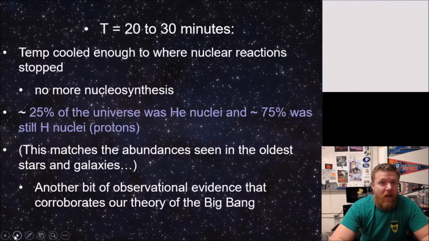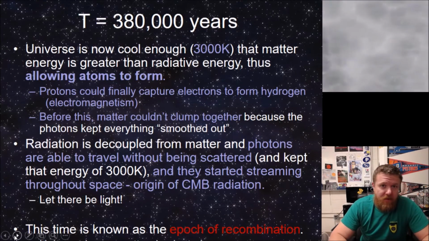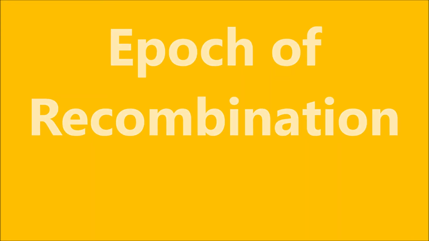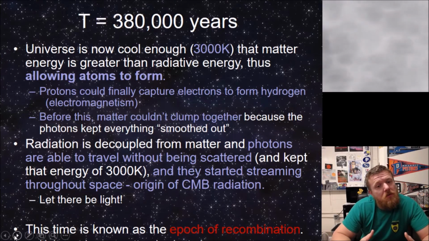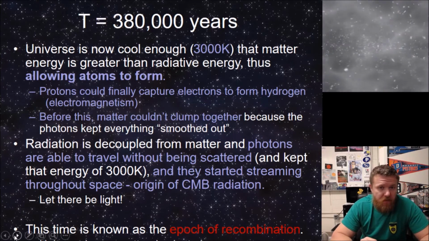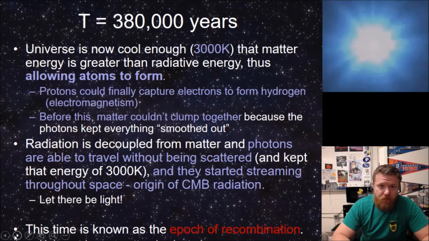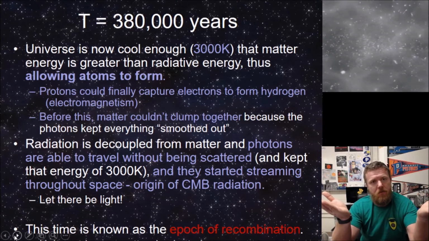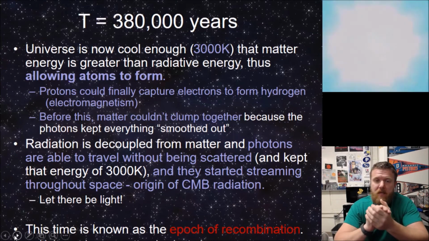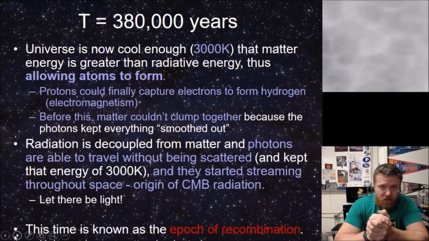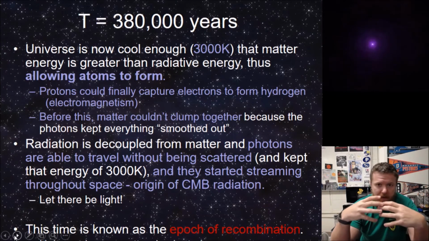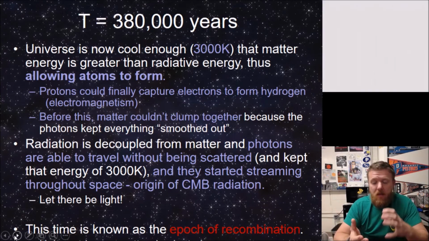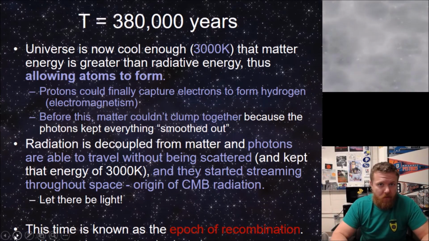Let's jump way ahead, about 380,000 years after the Big Bang. The universe has now cooled down to about 3,000 degrees. And at that temperature, the electromagnetic force between a negative electron and a positive proton is strong enough to have the electron stick to the proton. This is when we start to form complete atoms, where you have protons and neutrons in the nucleus, and then an electron orbiting around it.